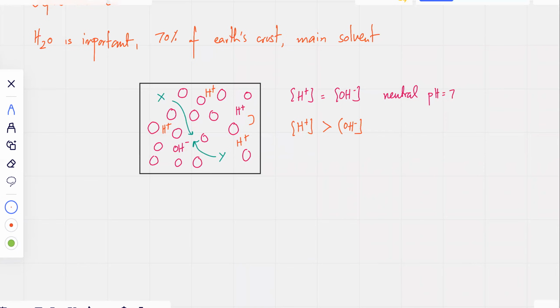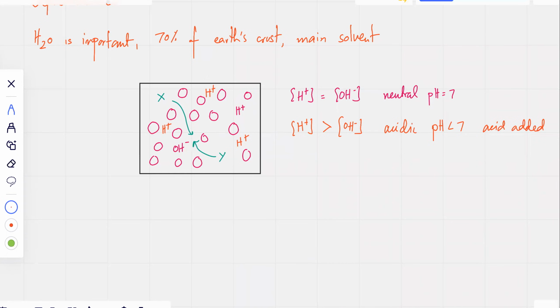You're going to add this acid molecule, and that molecule would release these H plus 1 ions, so the amount of H plus 1 ions in the solution would increase. Some reactions prefer these conditions. This is known as an acidic solution, and the pH is going to be less than 7. The only way you can have a higher concentration of H plus 1 ions is if you add an acid, a molecule that releases H plus 1 ions.